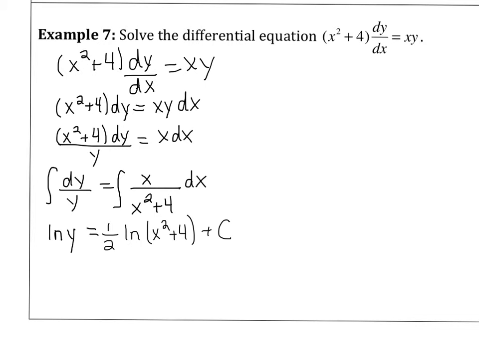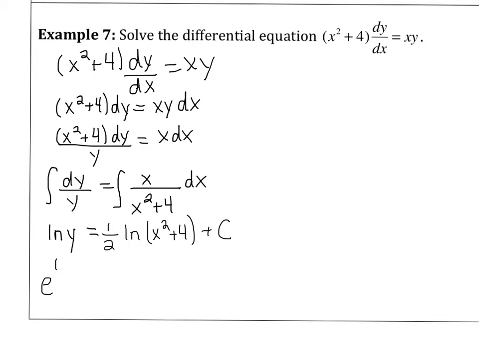Well, the answer is exponentials, right? Exponentials and natural log are inverses of one another. All right, so I am going to put each side of the equation in the exponent of e. I'm going to exponentiate both sides. So that looks like this.